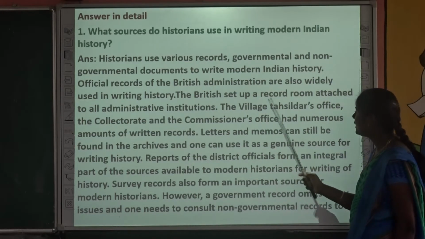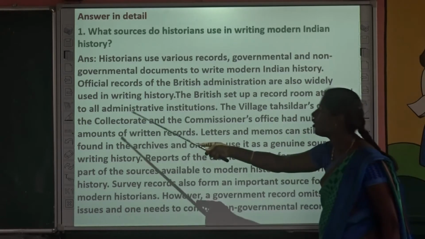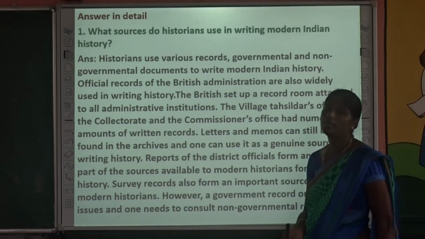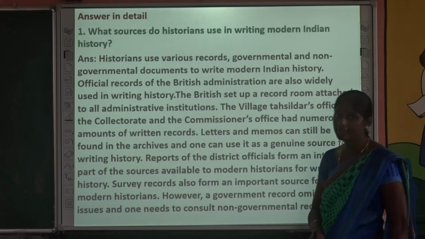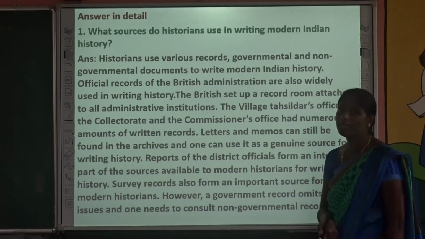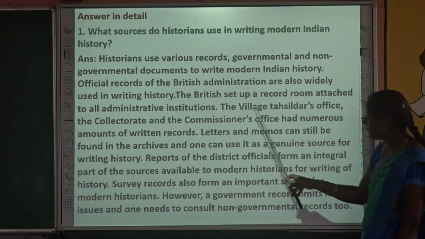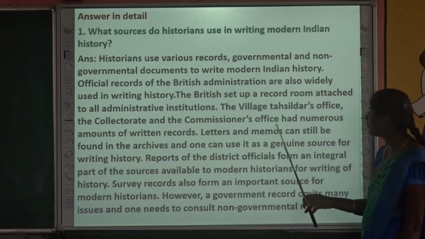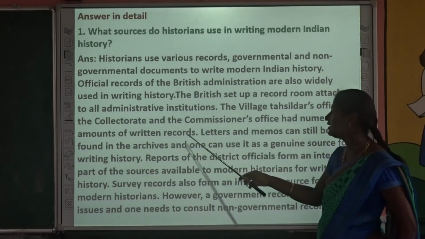The British set up a record room attached to all the administrative institutions. So, to preserve all the important documents, memos and letters, the British set up a separate room in all the government offices. The village tahsildar's office, the collectorate and the commissioner's office had numerous written records.